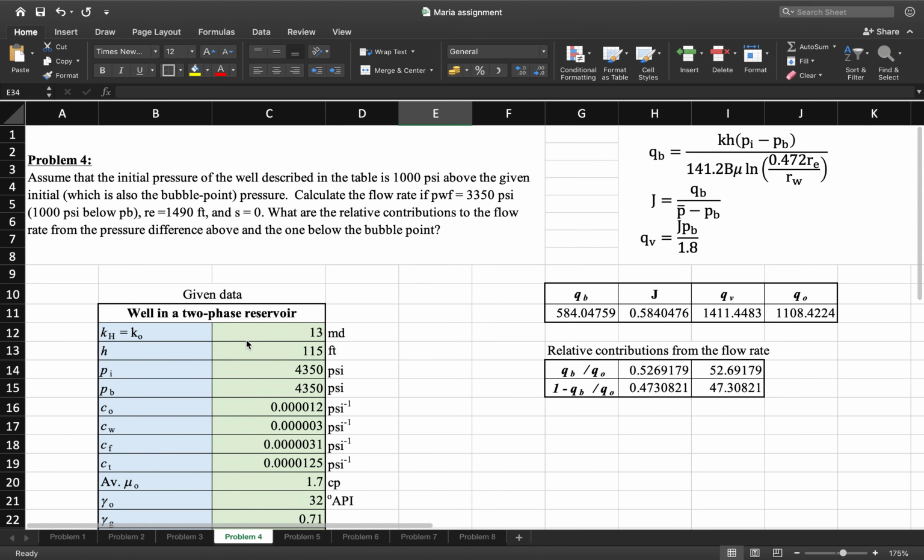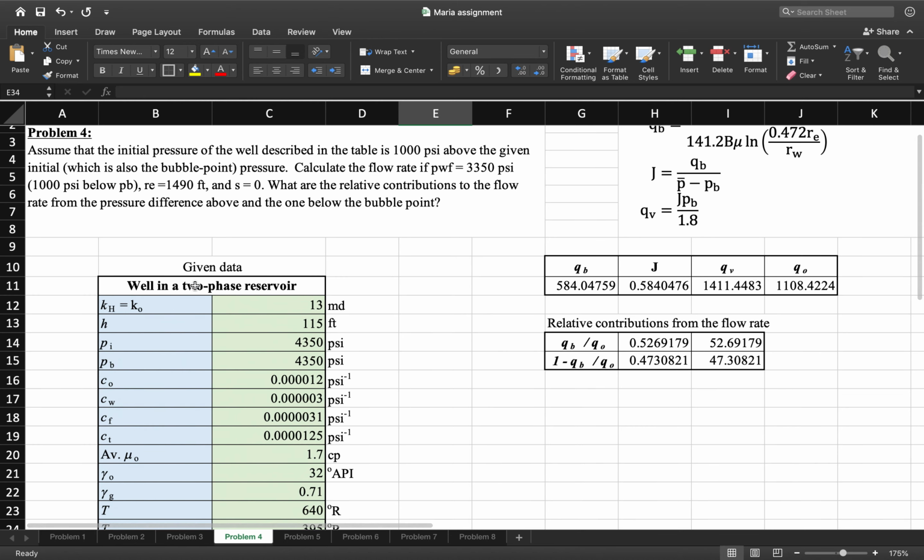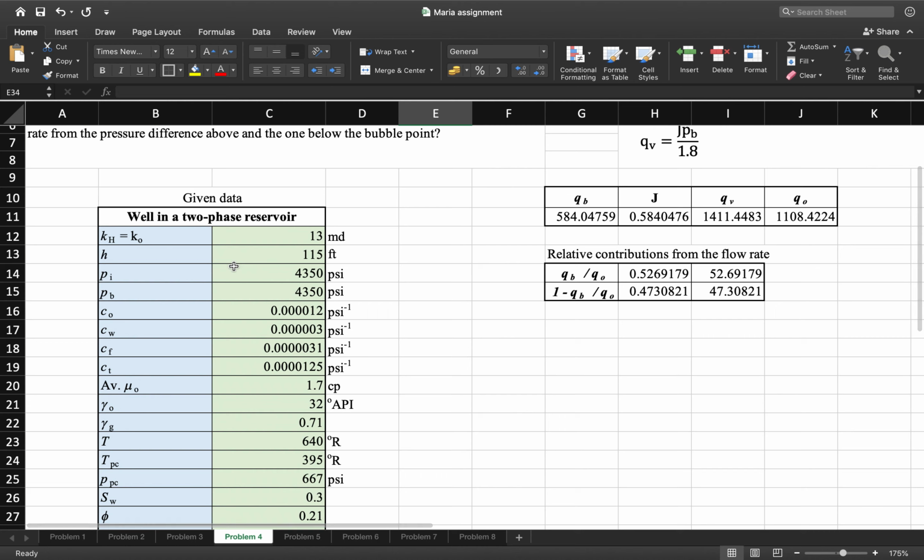In problem 4, they want you to calculate the relative contribution to the flow rate from the pressure drawdown above and the one below the bubble point. Here you will have the permeability, and the same thing, I already give you the given data here.